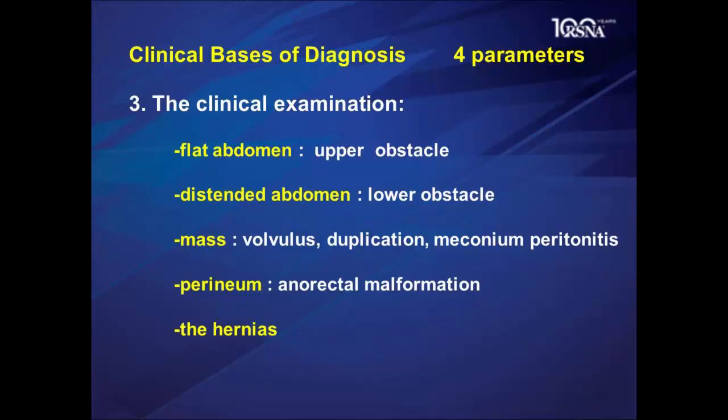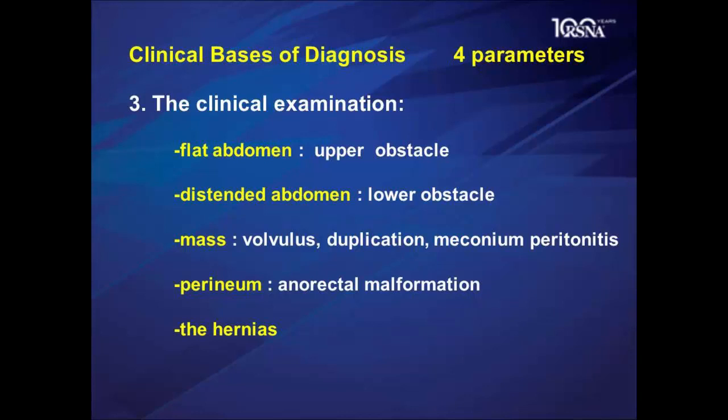Then, of course, palpating a mass could relate to a real mass or to a visceromegaly, splenomegaly, hepatomegaly, or polycystic kidney disease. But in the GI tract, it would include meconium peritonitis, a so-called pseudocystic meconium peritonitis, or we are facing a case of a duplication cyst with mass effect, or even a volvulus.